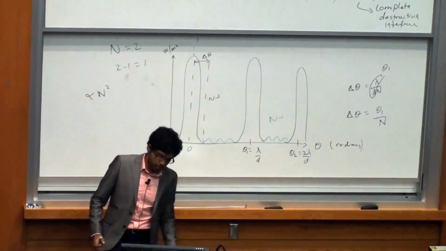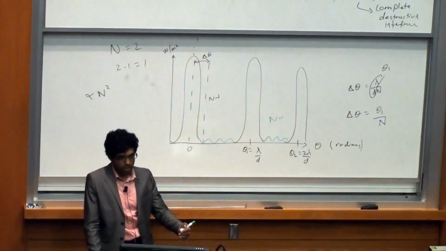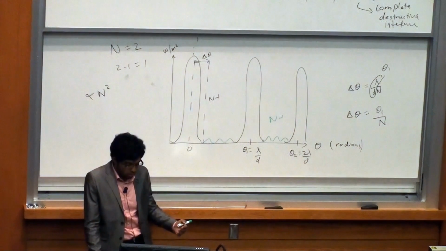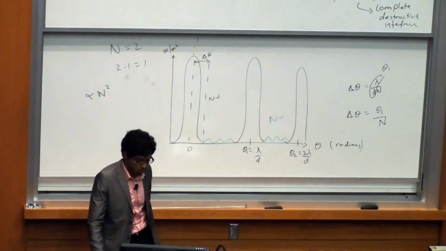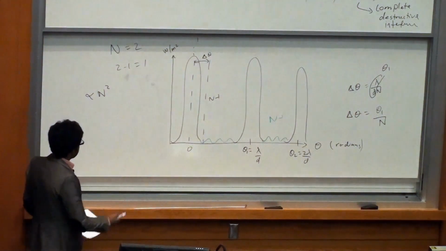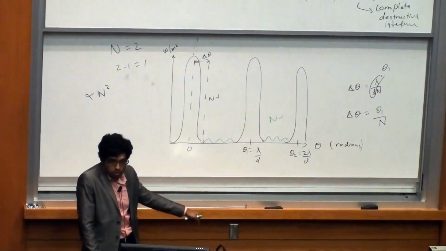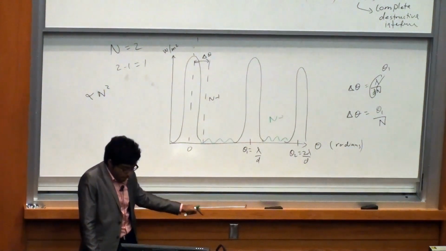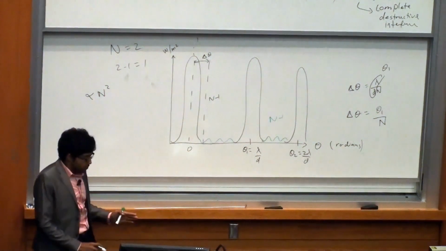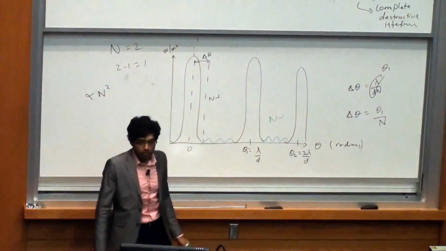But you may say, wait, now that's a violation again of conservation of energy. 3 times more sources has to be 3 times more light. How can it be 9 times more light? Well, what you overlooked is that if I make N 3 times larger, then the width will be 3 times smaller, right? So it'll get narrower by a factor of 3, but higher by a factor of 9.